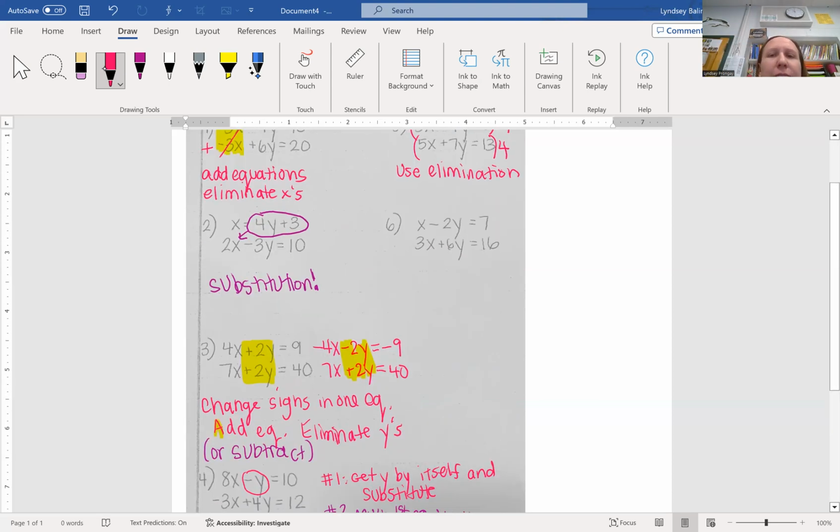And then number 6, we have x minus 2y. And I don't have x by itself, but this once again is one where I could very easily get that x by itself. So option number 1, I'm going to say get x alone and substitute.